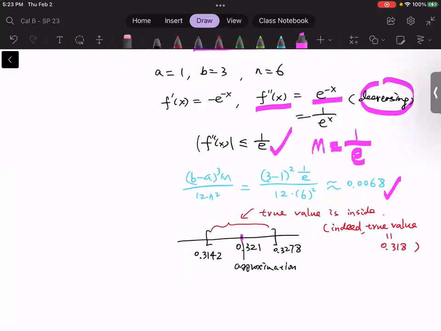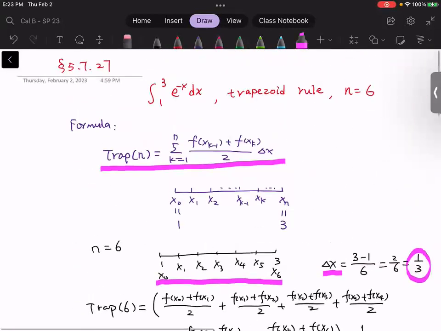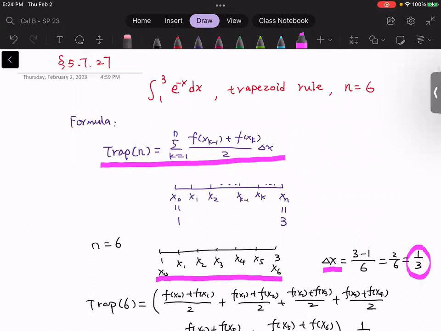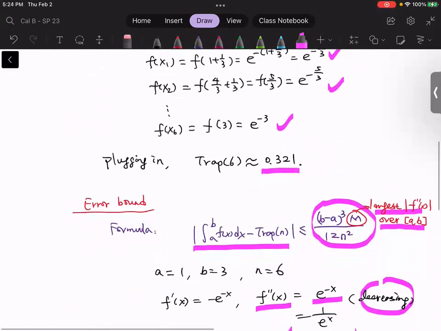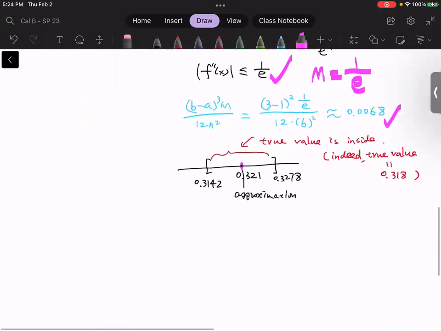Indeed, it is not too difficult to calculate the exact value of this integration because the integrand is e to the negative x. With a straightforward calculation, we can find out the exact value will be 0.318. This is exactly inside our interval here.